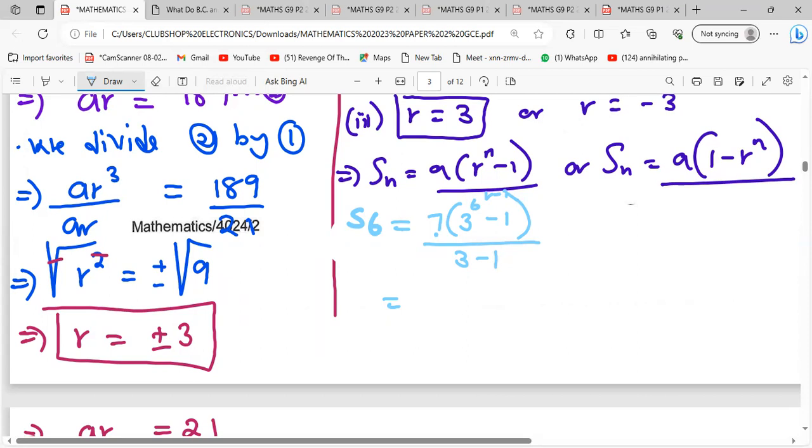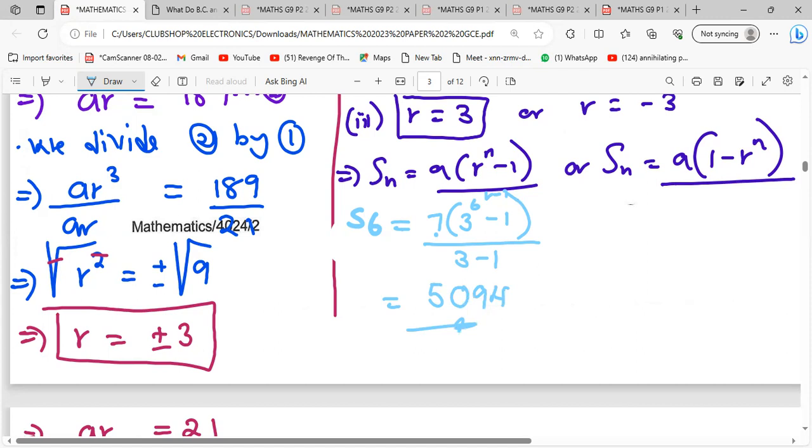So we have 7, open bracket, you can even do directly 3 to the power 6 minus 1, close, and divide the answer by 2. So we get 5094. This is what we get. Please take your time and use your calculator.